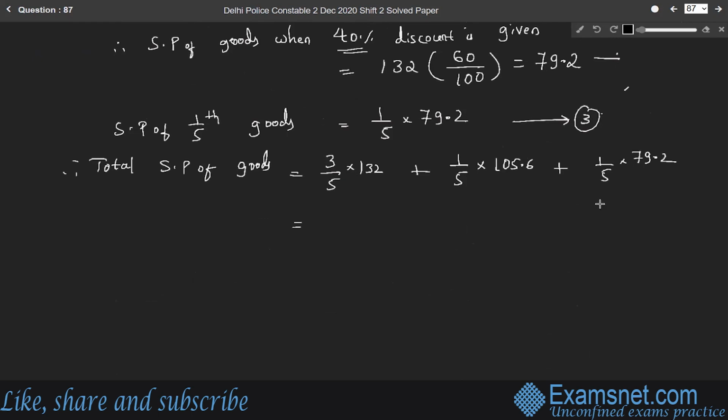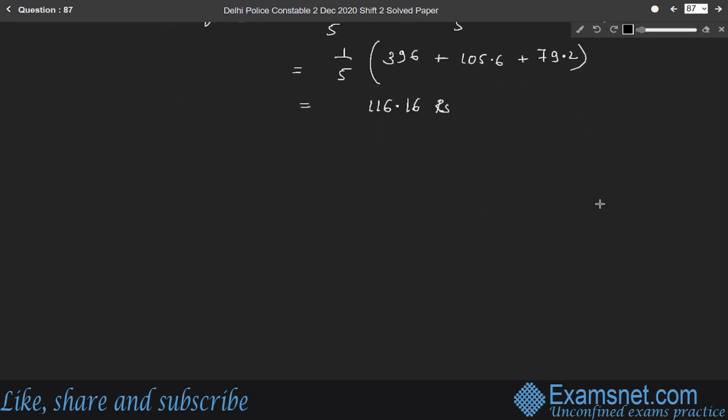Let us take 1 by 5 common. So 3 into 132 gives 396, plus 105.6 plus 79.2. After simplification, you will get 116.16 rupees.